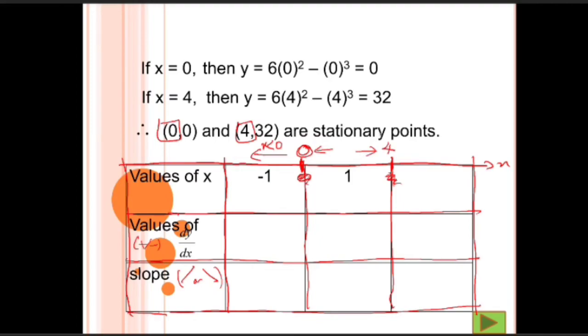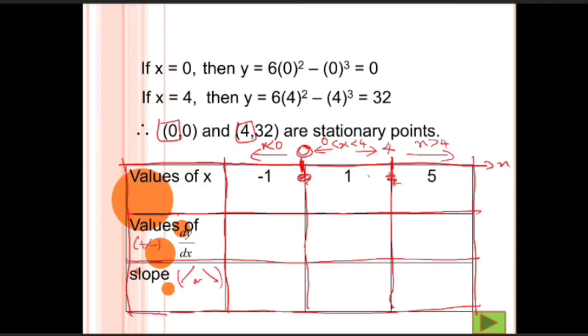Any number, such as 1, 2 or 3, or maybe 3.5, as long as it is between 0 and 4 and not 0 or 4. The last column is for a number greater than 4. So let's say you choose 5.